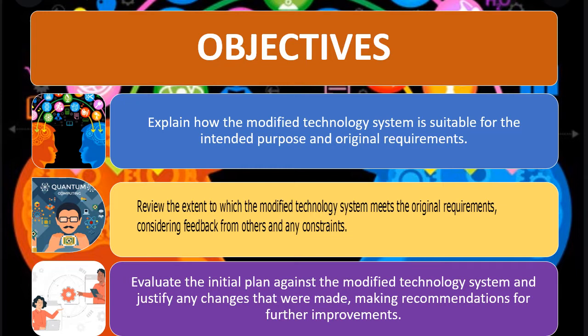The next one is, as you know, the M's: review the extent to which the modified technology system meets the original requirements, considering feedback from others and any constraints. The final section of this assignment is evaluate the initial plan against the modified technology system and justify any changes that were made, making recommendations for further improvements.